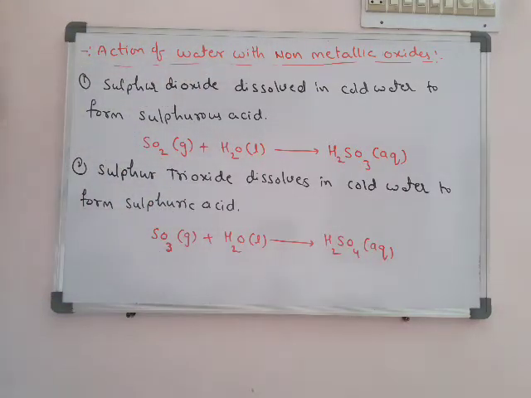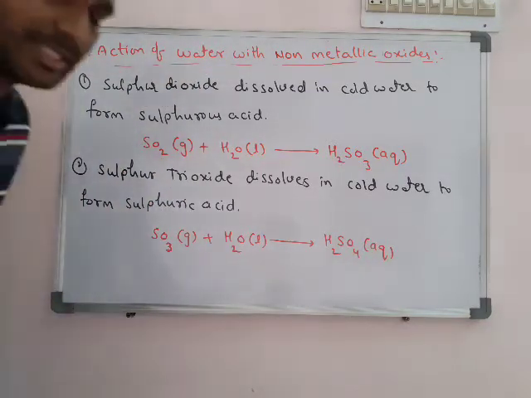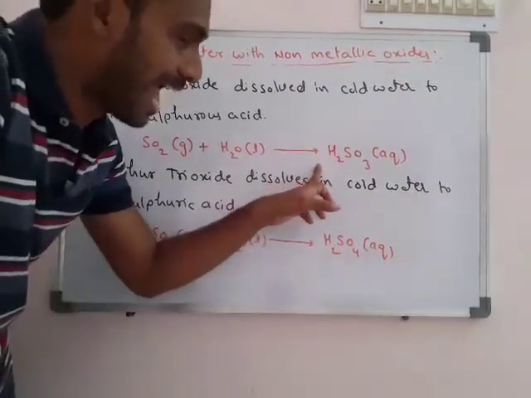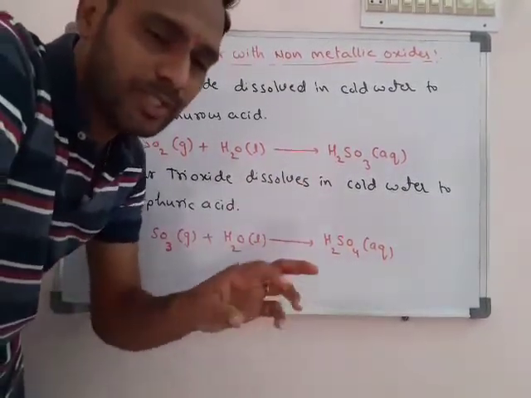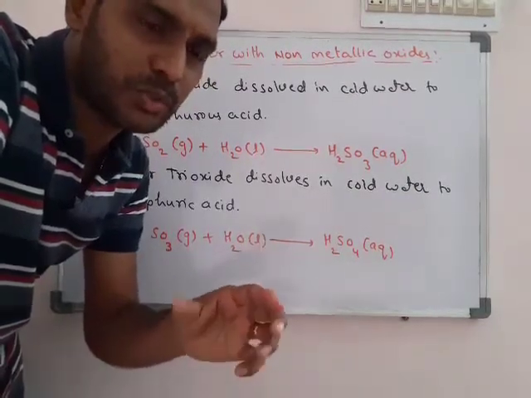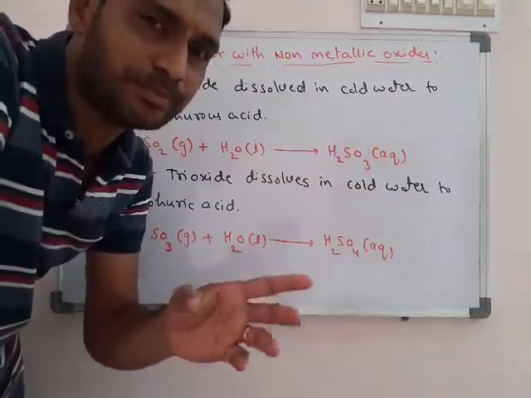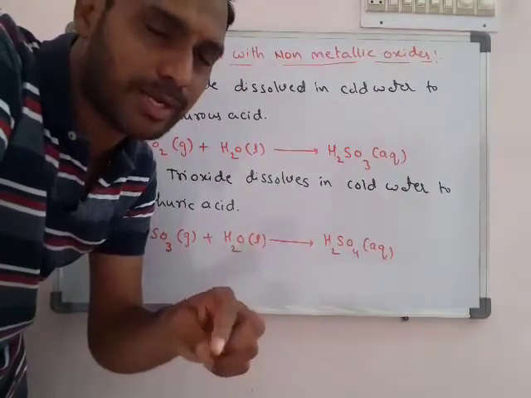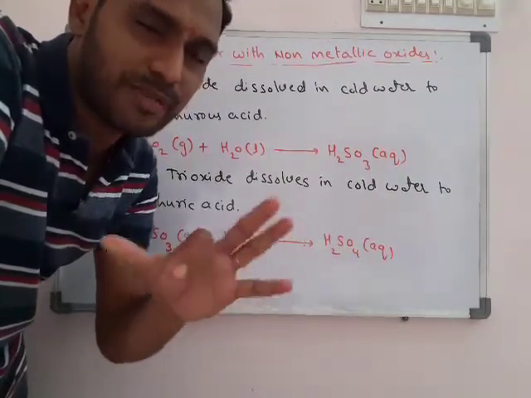So these two are acids here: sulfurous acid, sulfuric acid. In metals, sodium oxide, potassium oxide, calcium oxide, what did they form? Sodium hydroxide, potassium hydroxide, calcium hydroxide. So those are bases.